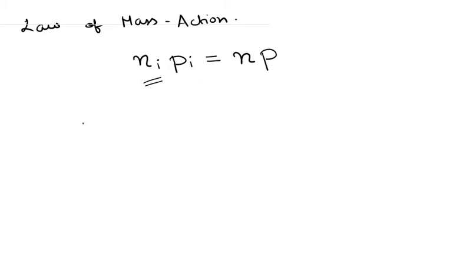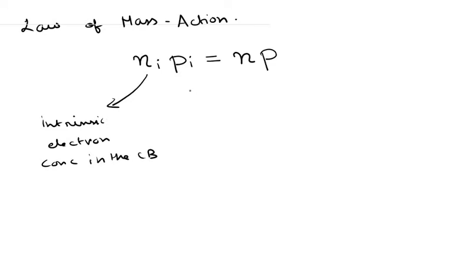So let me write these terms over here. This is the intrinsic electron concentration in the conduction band. This is the intrinsic hole concentration in the valence band.